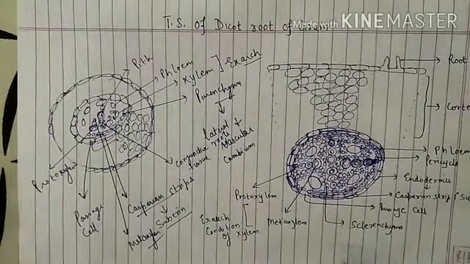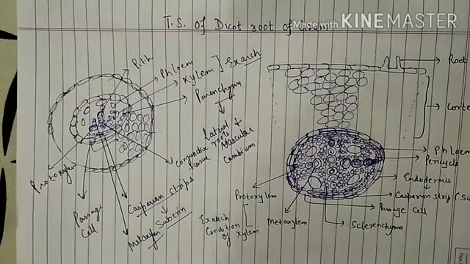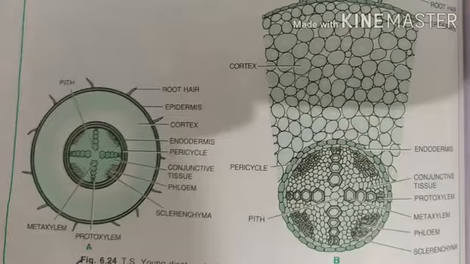So let us again revise from this diagram. Here you are observing the outer layer of cells consisting of epidermis. The epidermis, which is also known as epiblema or piliferous layer, has cells compactly arranged, and they give rise to root hair also.